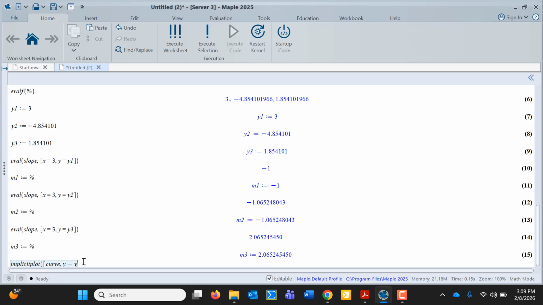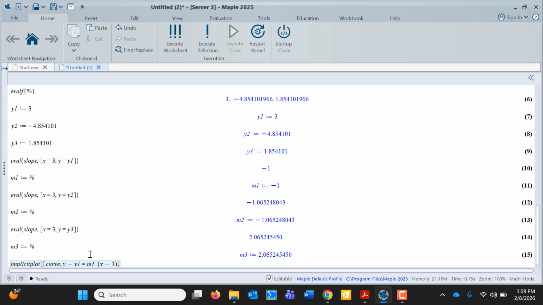Y minus y1 equals m1 times, make sure you put that little dot in between, parentheses, x minus 3. So there's the first tangent line. Now, another comma, and I'm going to type in exactly that same thing again, but this time I'm going to use y2 and m2.